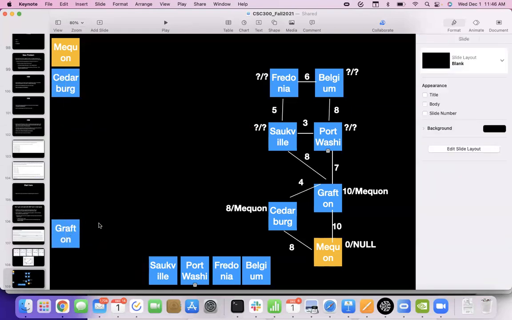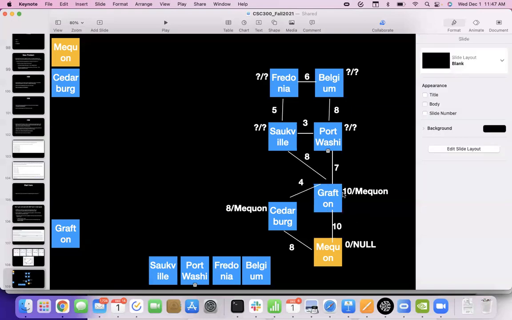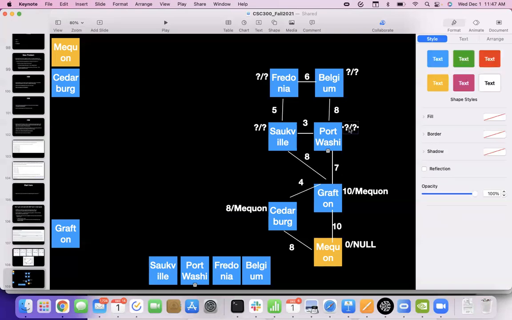Go on to Grafton. From Grafton's perspective, we have 4 roads. So we have Grafton leading back to Mequon. So this is a 10. So 10 plus 10 is 20. Is 20 less than 0? No, so no change. We have 10 plus 4 is 14. Is 14 less than 8? No, so no change. We have 10 plus 7, which is 17. Is 17 less than infinity?